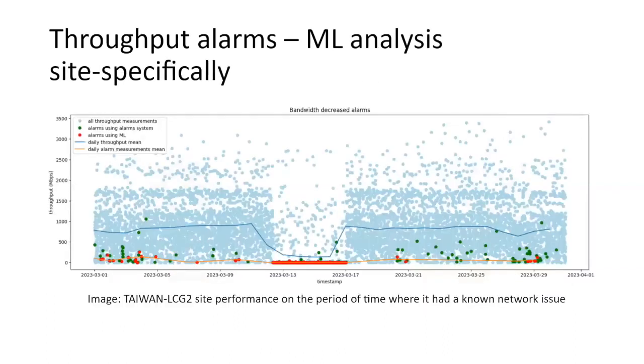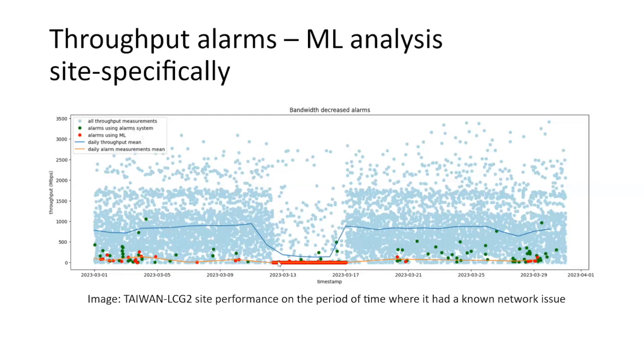So let's look at the data itself, and for that we'll take only one site. Here is a Taiwan site in the period of time when we know there was a problem occurring for that site. On this plot, you can see on the x-axis the time when the measurement was taken, and on the y-axis the throughput measured for it.